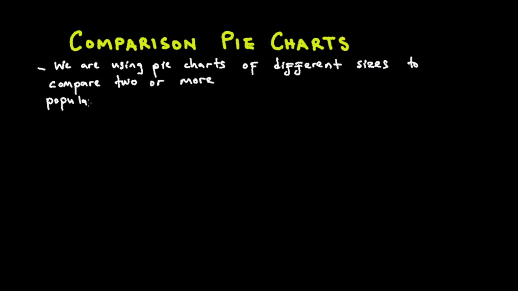We defined a population in our earlier lessons. A population is simply a set of all observations, a whole set of observations. That is what we refer to as a population.